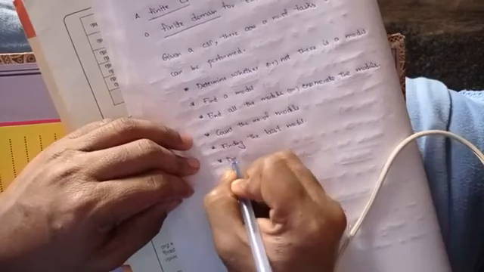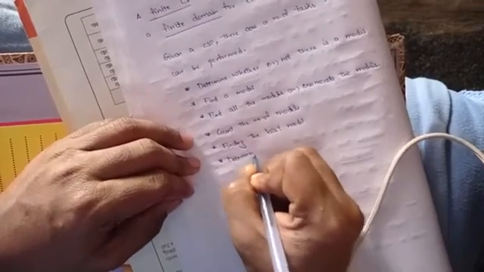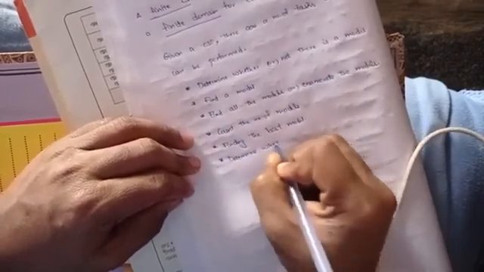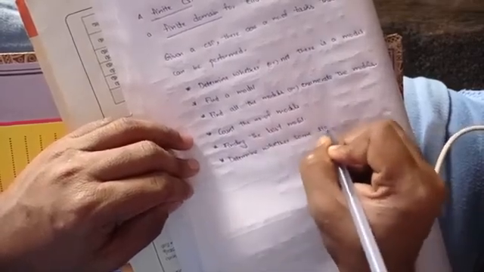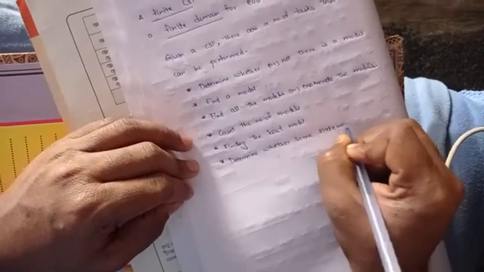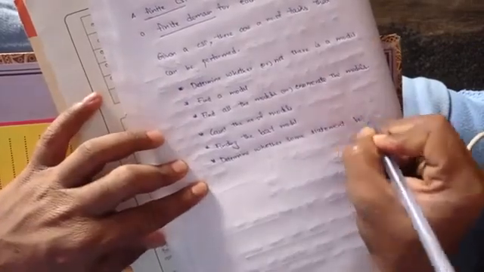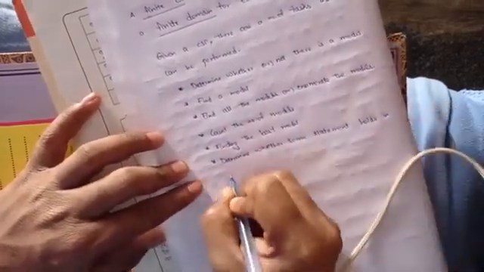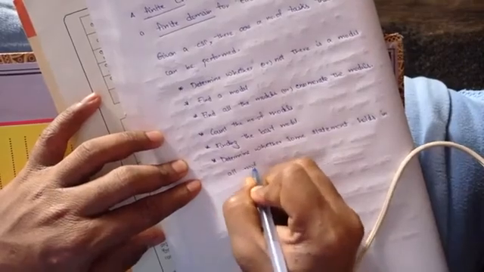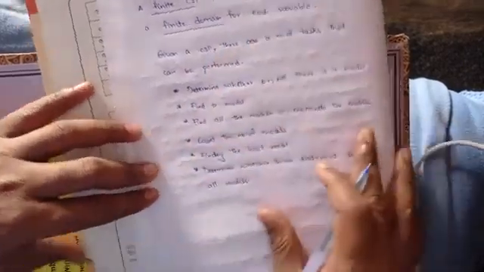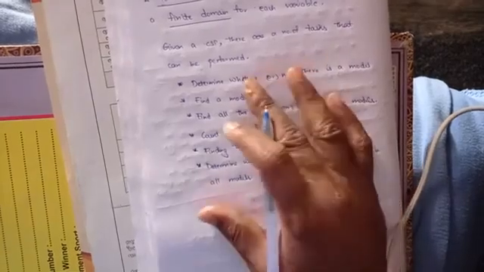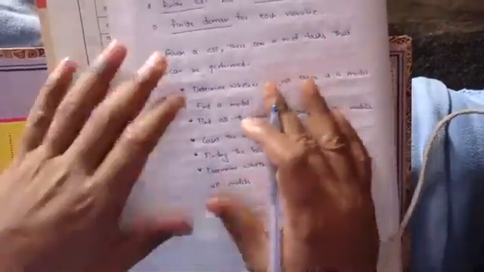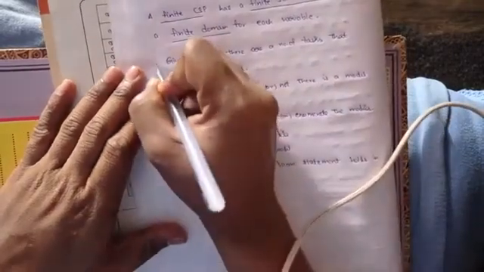So determine whether some statements hold in all models. These are the basic tasks we have to perform when a constraint satisfaction problem is given. Hope you understand each and every step.